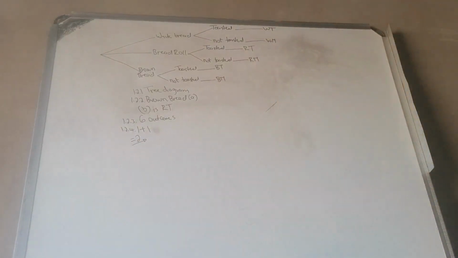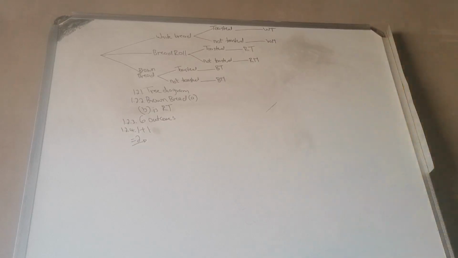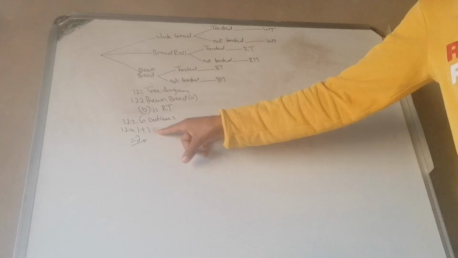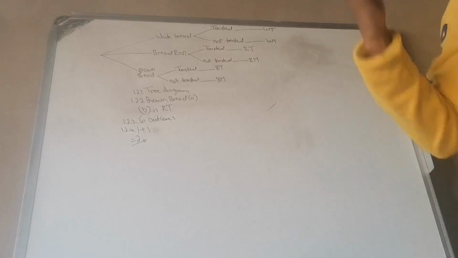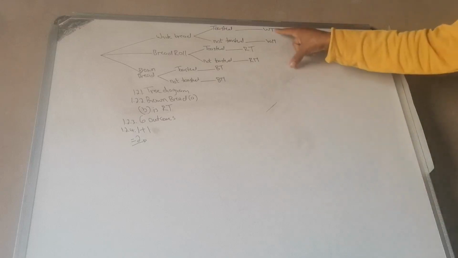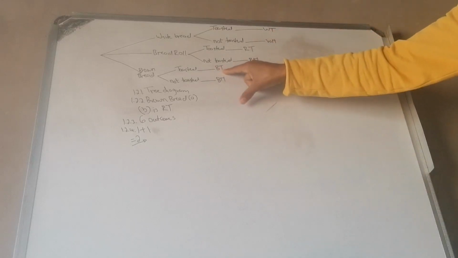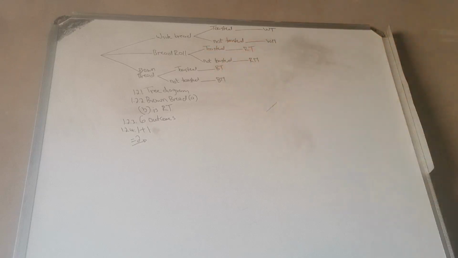Because the bread roll can either be brown or white, we cannot repeat it here. So how many white toasted? Then brown toasted. Then 2. We cannot say bread roll toasted, because it's either brown or white.